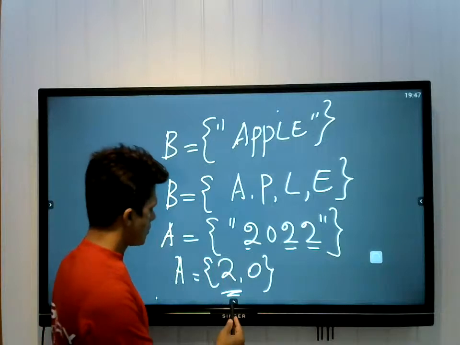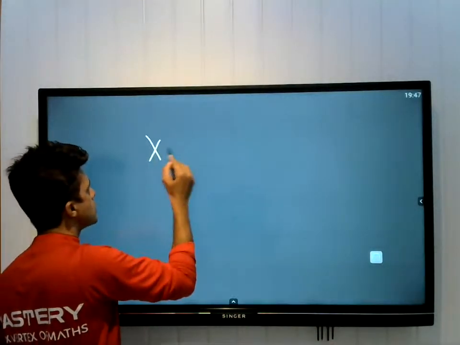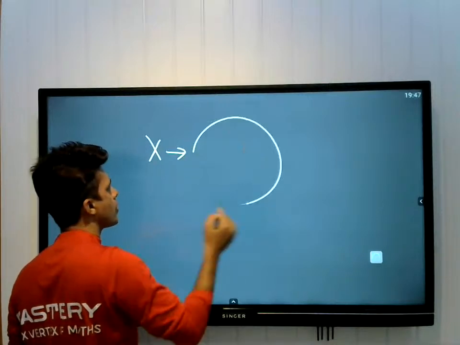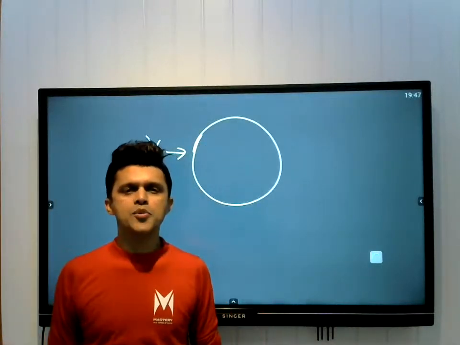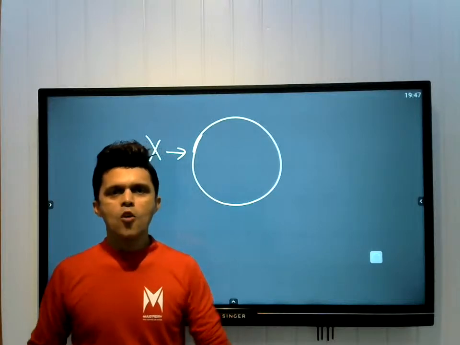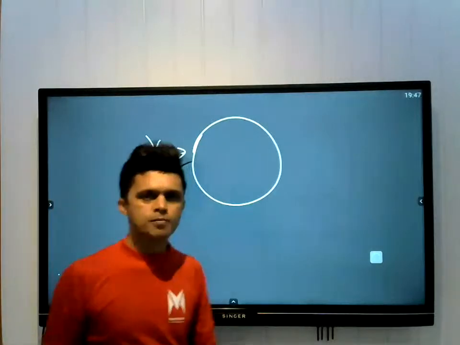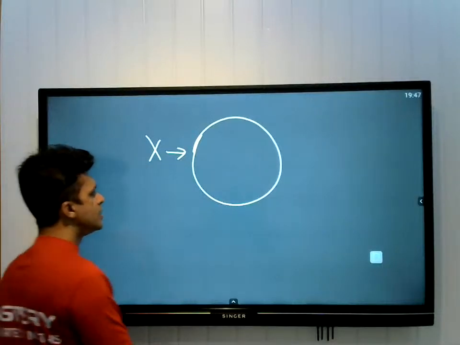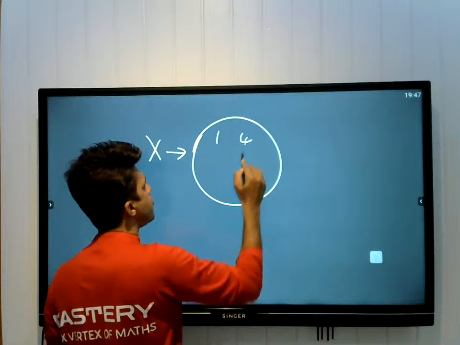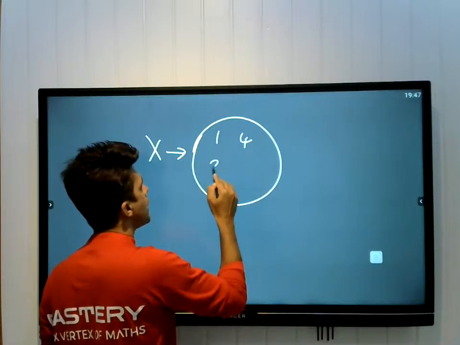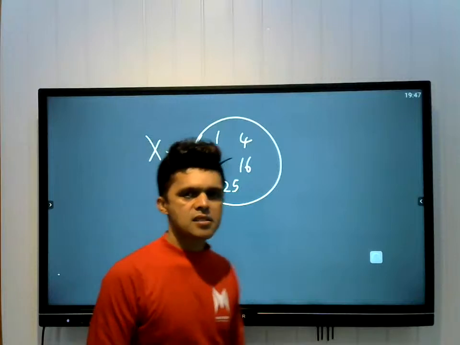Next, how can you do this type of question? You are given the set X as 1, 4, 9, 16, 25.